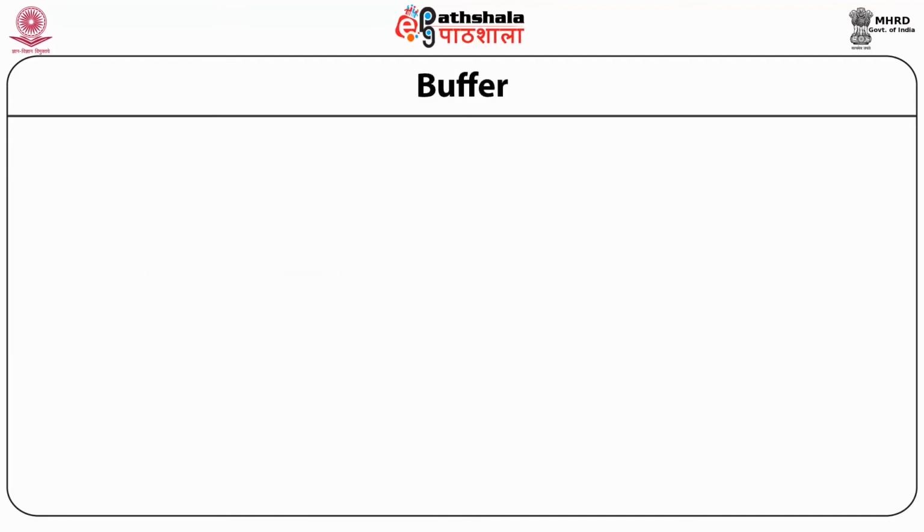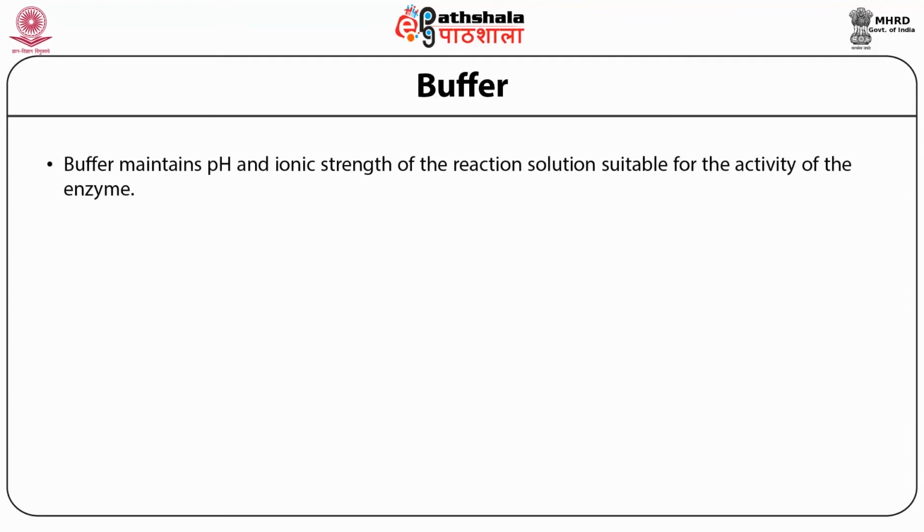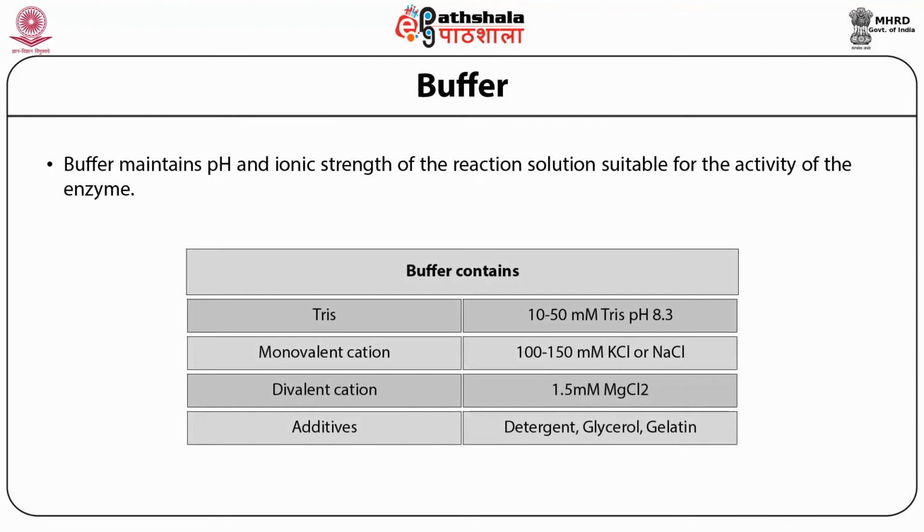For any enzymatic reaction, an optimum reaction condition is needed, which is provided by the buffer solution. For example, the buffer used for PCR reaction provides a suitable chemical environment for optimum activity and stability of the DNA polymerase. PCR buffer contains trace HCl, KCl or magnesium chloride and glycerol or Triton X-100.